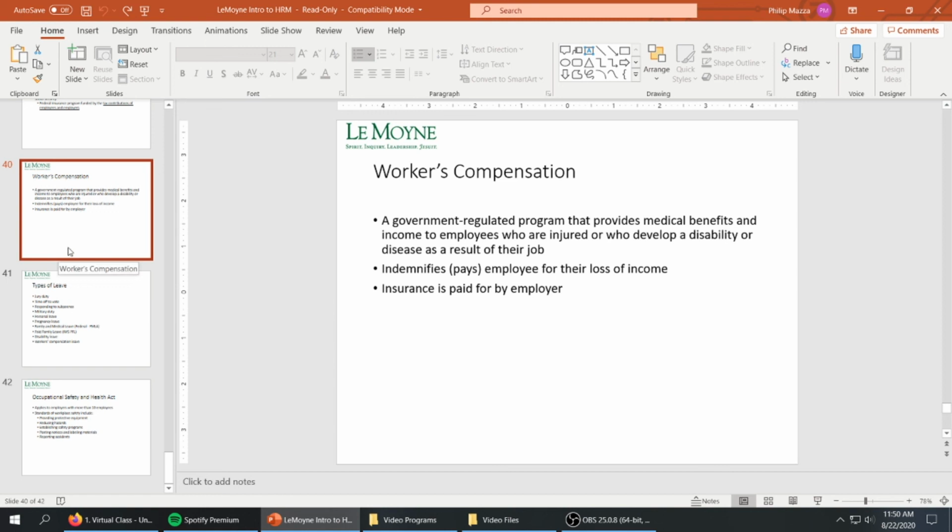Keep in mind anyone who is injured or becomes ill on the job due to a work-related action may receive workers' compensation that is handled through a third-party insurance carrier and is overseen by each individual state work comp boards.